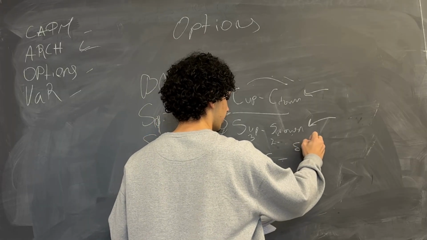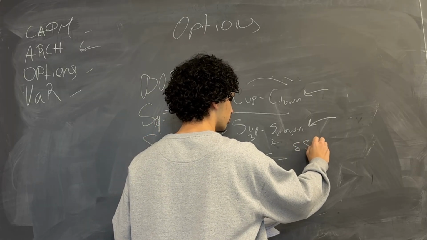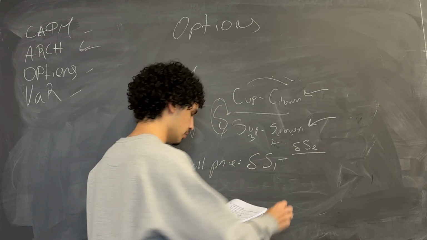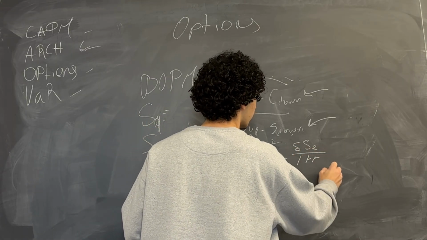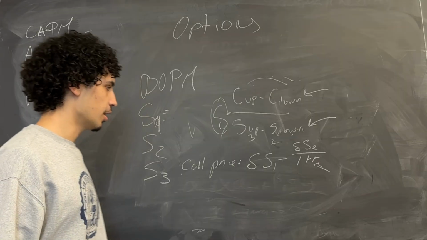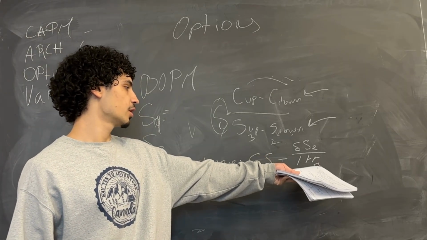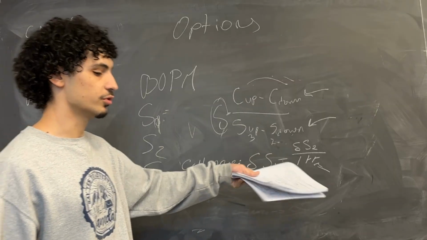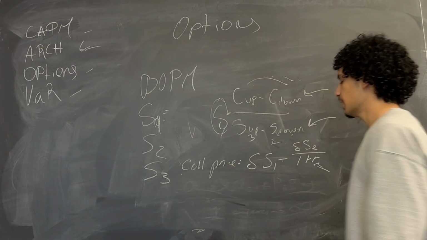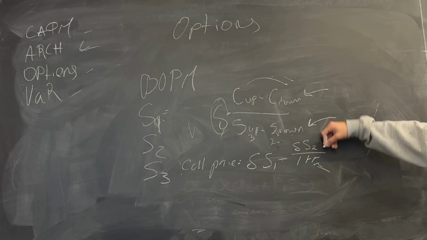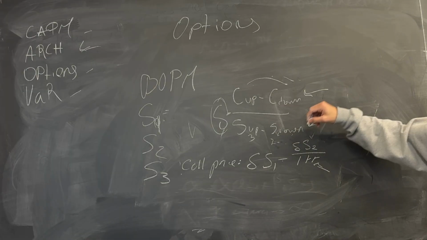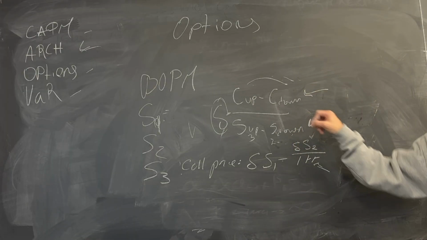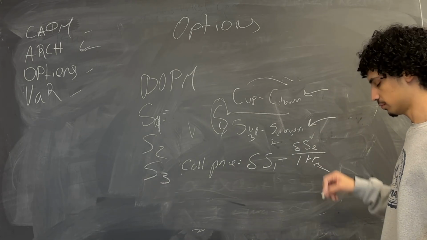Delta S1 minus delta of S2, the price when it's down, over 1 plus R, which is the interest rate. So if the interest rate's 5%, this will be divided by 1.05. So we're modeling it, and it's important that we're getting the delta of the down price divided by 1 plus the interest rate.